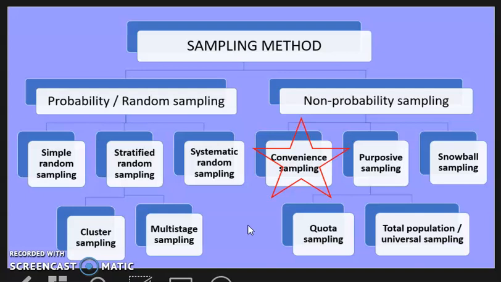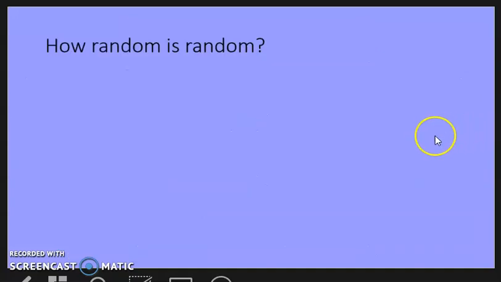Before we go into further detail, when I mention random sampling and non-random sampling, how random is random? I always find that students wrote in their thesis that they did random sampling, and then they mention specifically that they do convenience sampling.